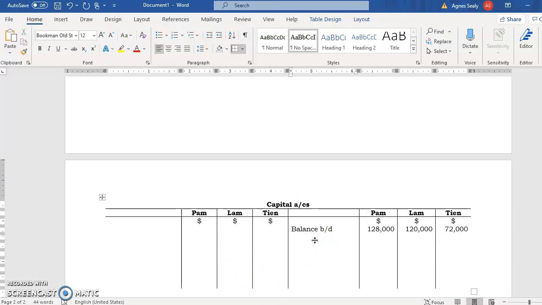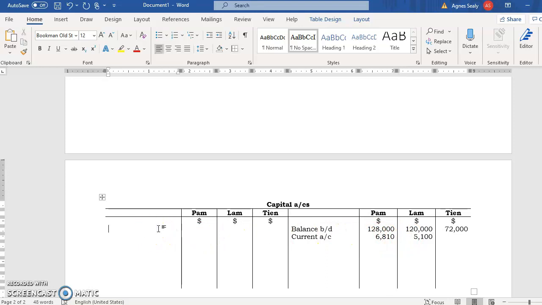So current account, for Pam, $6,810. For Lam, $5,100 credit. So this is increasing the amount they're entitled to.